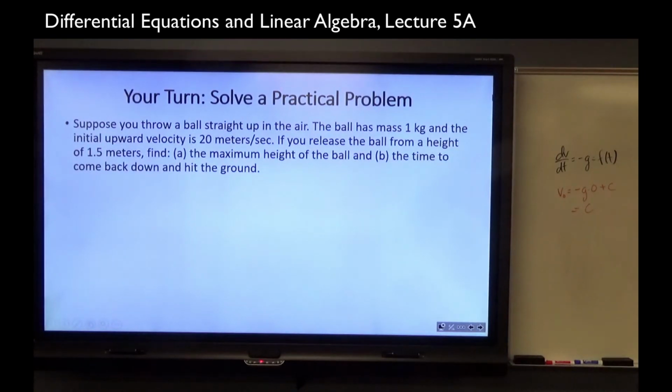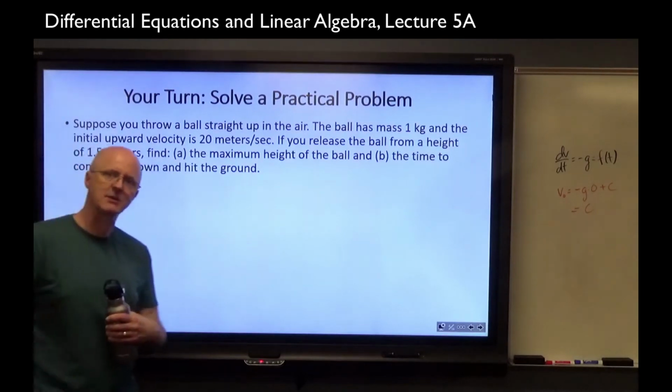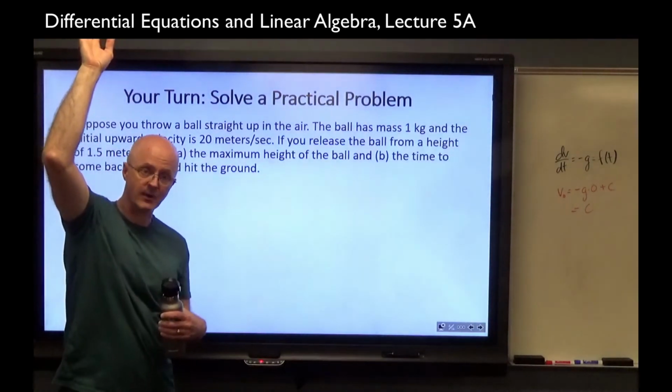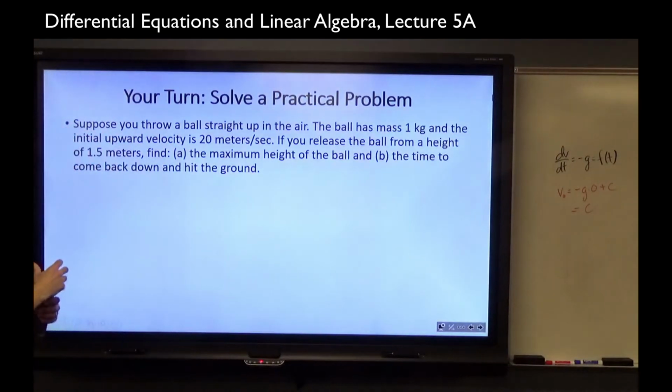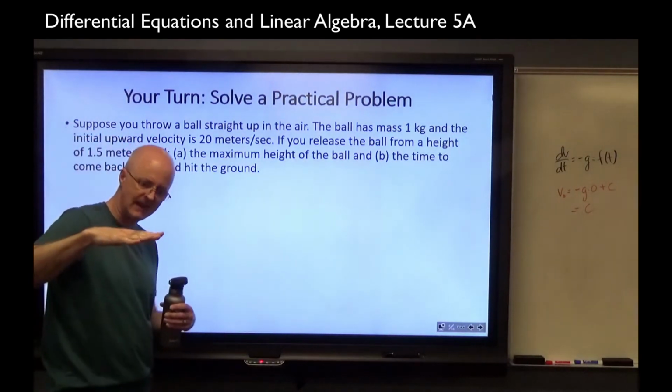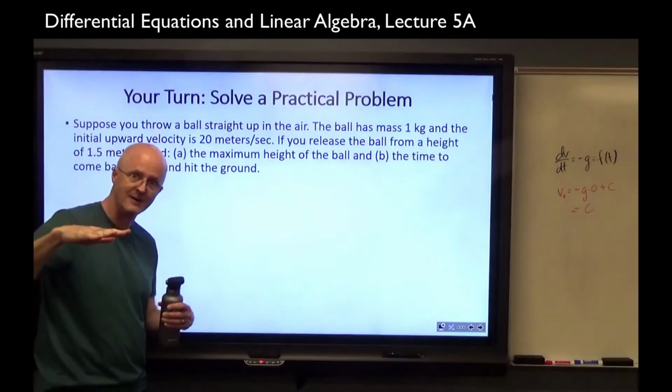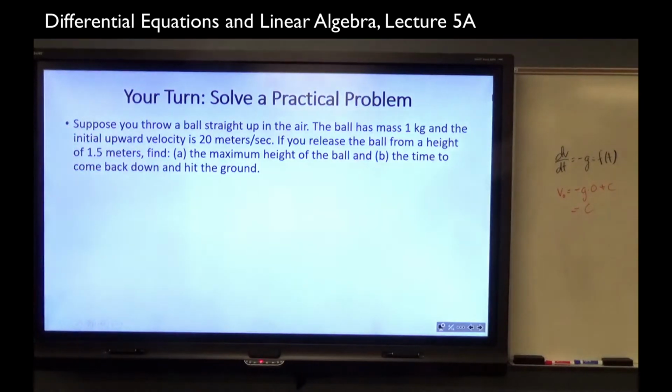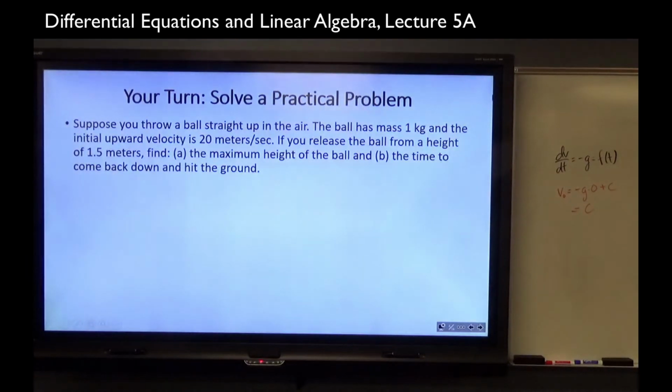A mass of 1 kilogram, initial upward velocity of 20 meters per second, so you're throwing the object straight upwards at the start, from a height of 1.5 meters, which is about this high from my floor here, close to 2 meters high. So you can certainly plug in those numbers right away to find the maximum height of the ball, and here I'm saying it's a ball. The maximum height of the ball and the time to come back down and hit the ground.